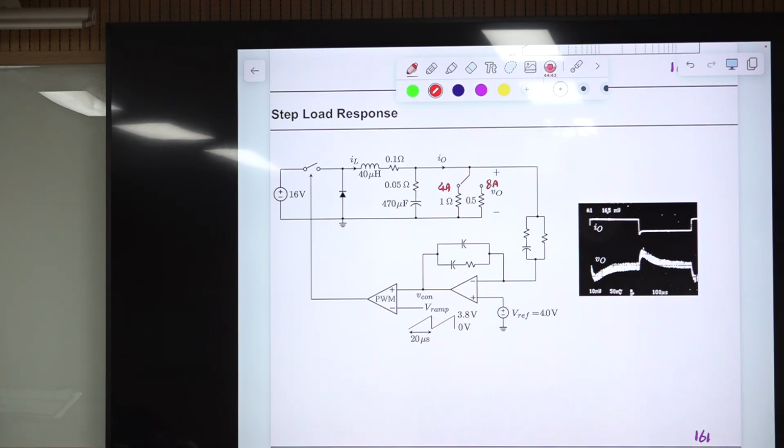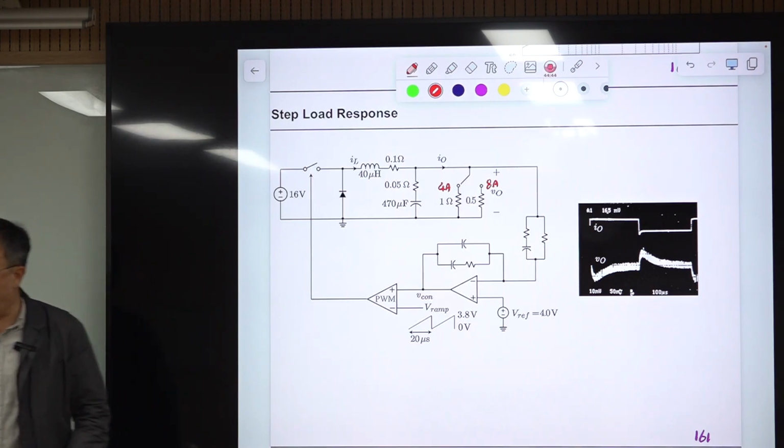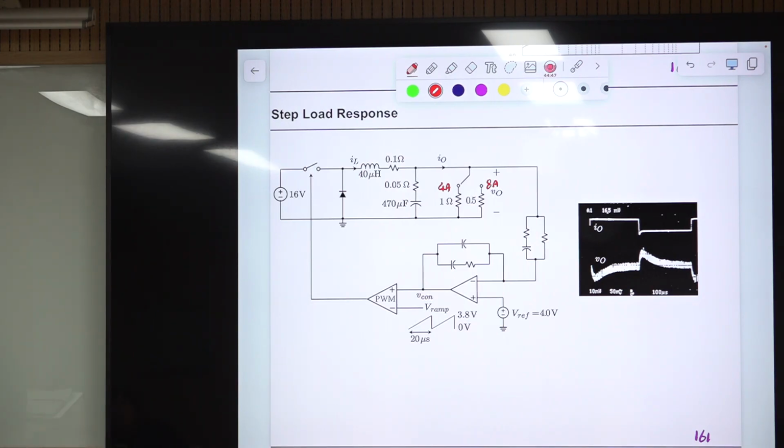This is a measurement result, and here the distance was 0.5 ohm. No, the other way around, I'm sorry, excuse me. This was 1 ohm.